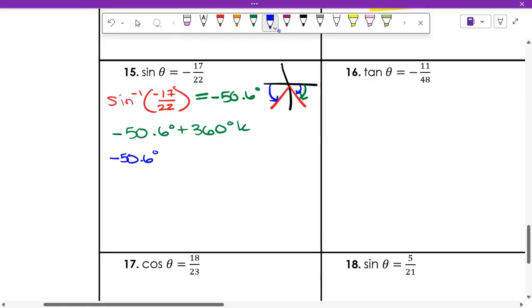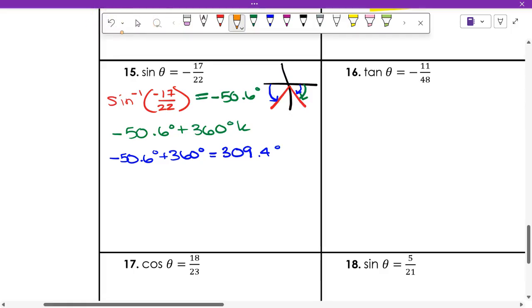My reference angle here, if you really want to do all of the hard work, negative 50.6. We got to get a positive coterminal angle. So I'm going to go ahead and add 360 degrees there, and that gets me 309.4 degrees. That 309.4 degrees is going to represent the whole entire angle that I have right there. I don't need to do this.